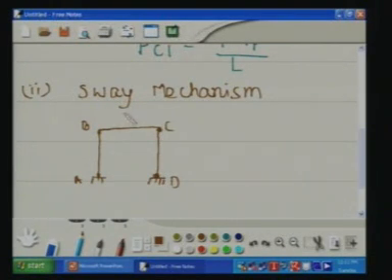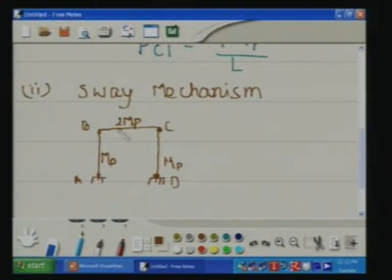The only caution we have to take is that since the plastic moment is twice MP for the beam and MP for the columns, at the joints where the beam and column meet, the plastic hinges will be formed in the columns.